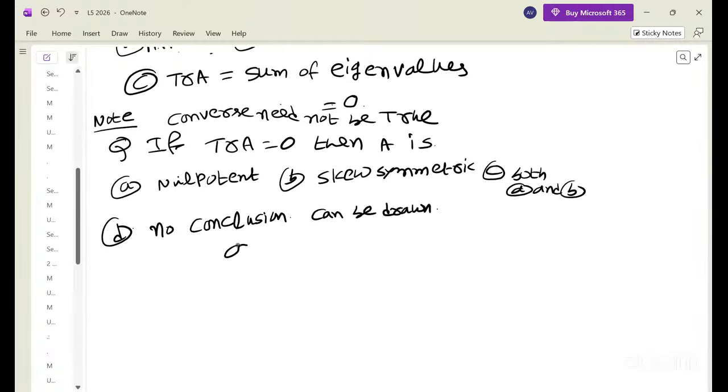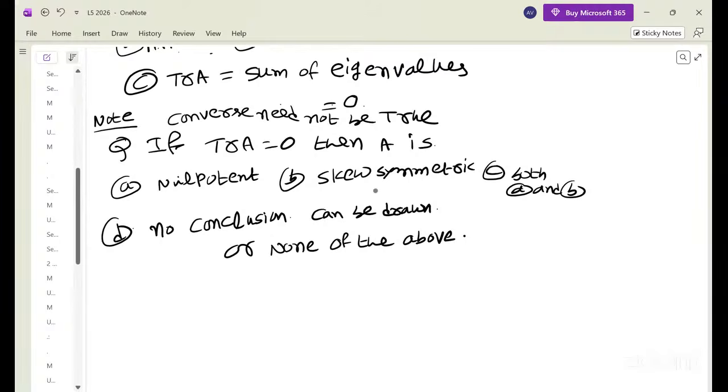Or none of these may be good. None of them. Or data inadequate may be good. So no conclusion can be drawn because you cannot say it is nilpotent. The converse need not be true.